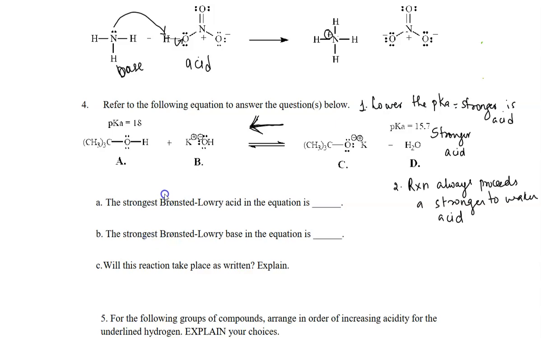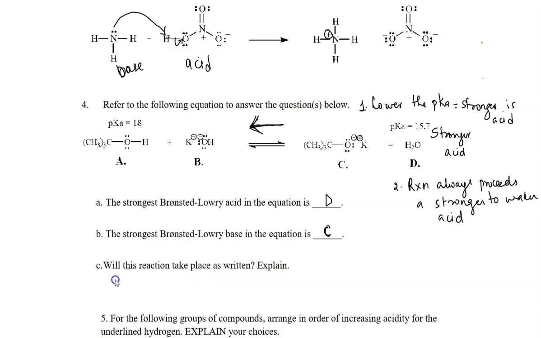So to answer the question, the strongest Lowry-Bronsted acid in this equation is D. The strongest Lowry-Bronsted base in this equation is the base. Now it's asking the base, right? So that's C.